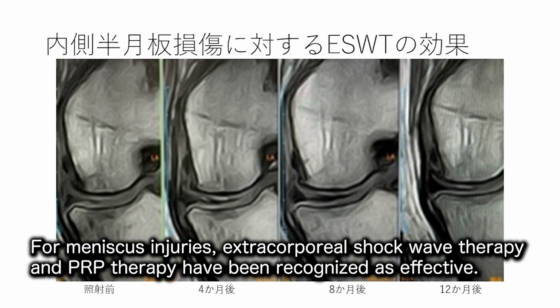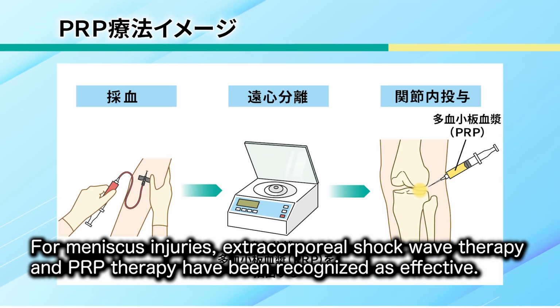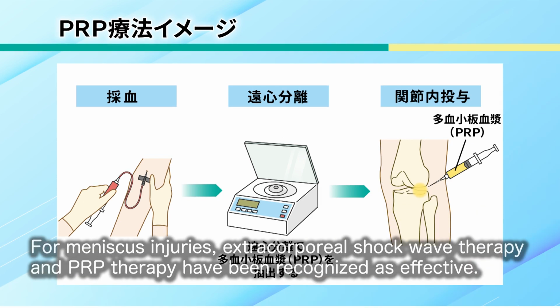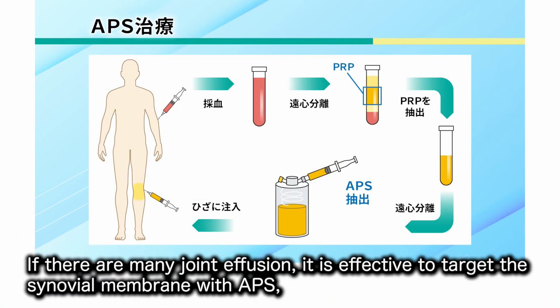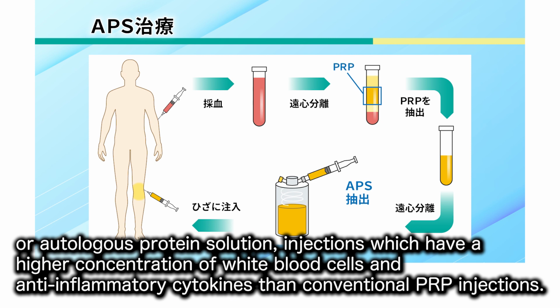For meniscus injuries, extracorporeal shockwave therapy and PRP therapy have been recognized as effective. If there is a lot of joint effusion, it is effective to target the synovial membrane with APS, or autologous protein solution injections, which have a higher concentration of white blood cells and anti-inflammatory cytokines than conventional PRP injections.